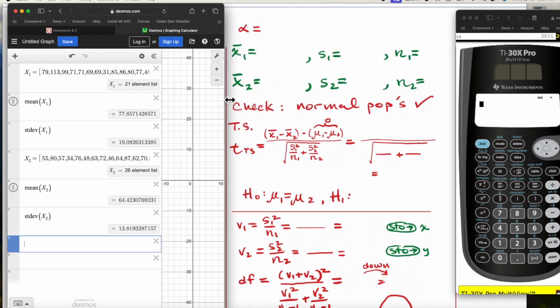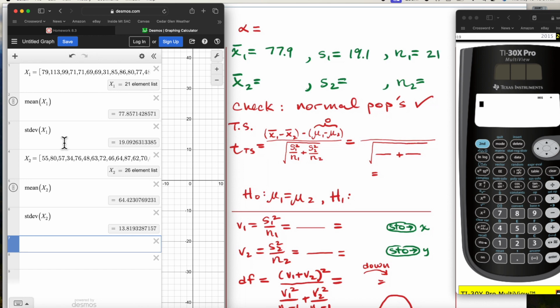So I did not get the alpha value, but we'll do that next. So for this first sample, the mean, we're just going to go 77.9. And the standard deviation, there's the mean, here's the standard deviation, we'll go 19.1. And the sample size was 21 in the first sample.